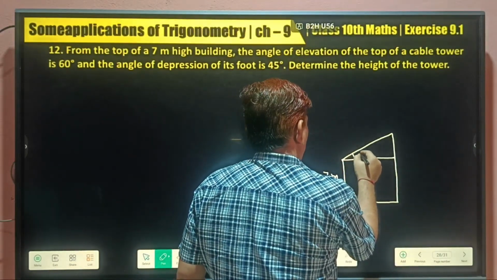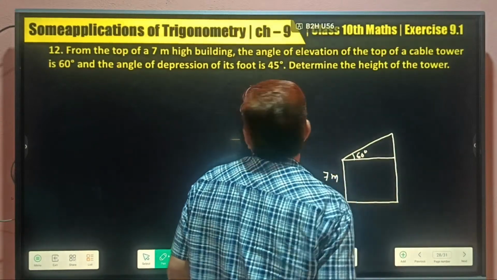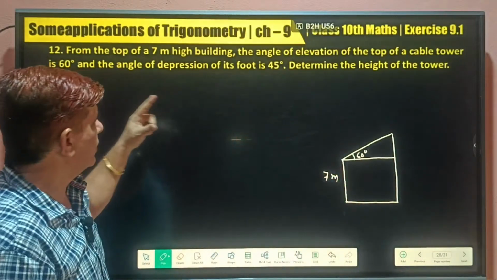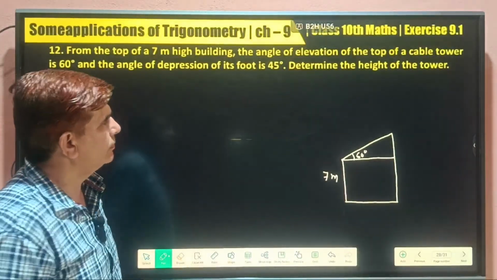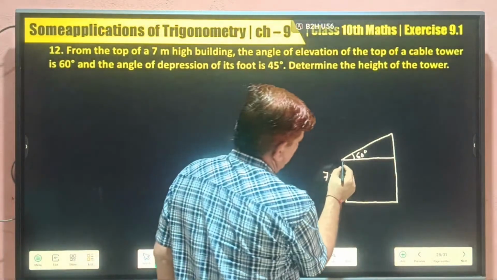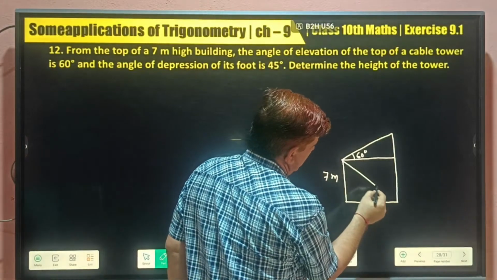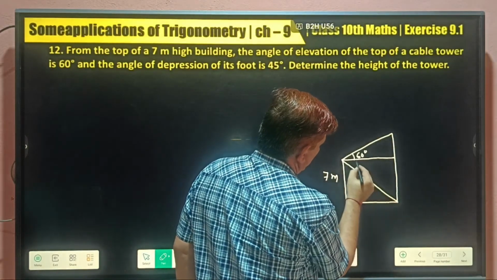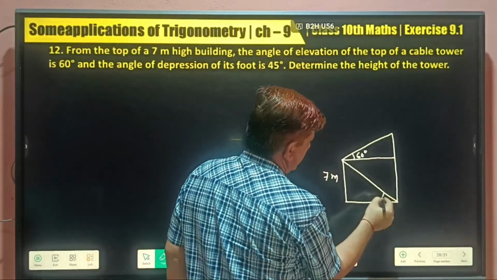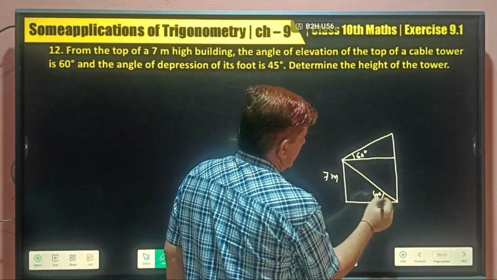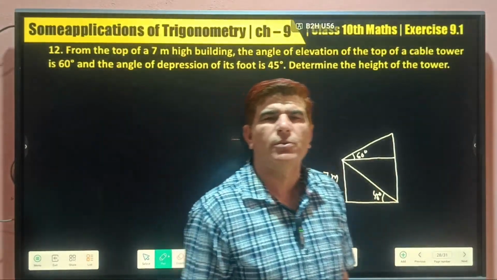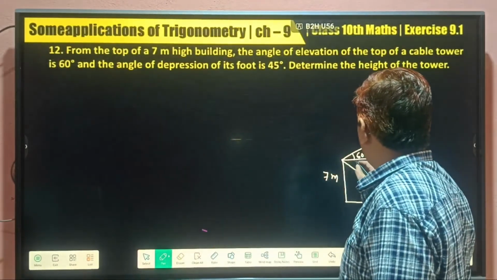So this is the height of the building and this is the height of the tower. This is 60 degree. And the angle of depression of the foot, from top to this, is 45 degree. So this also is 45. Why? Alternate angles between two parallel lines are equal.